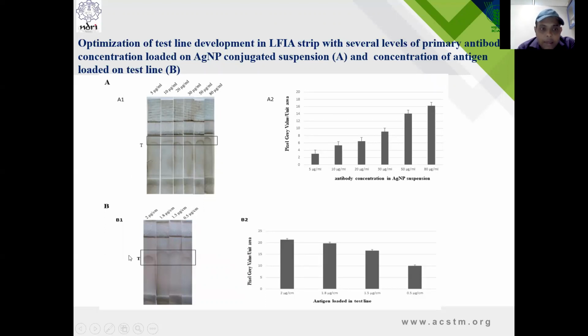In part B, this is the concentration of antigen we loaded on the test line. We have seen that up to 0.5 microgram we are also getting a visible band, but we have chosen 1.5 microgram for better visibility.